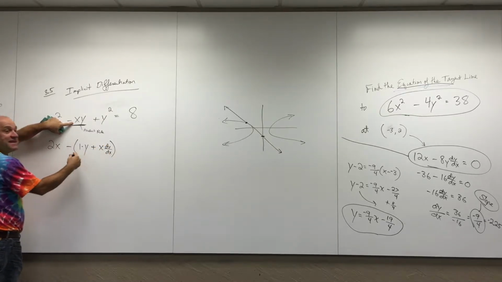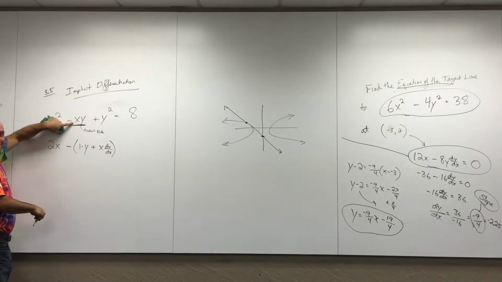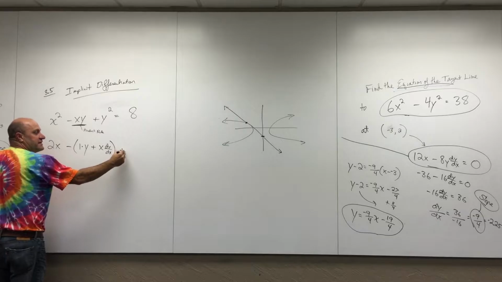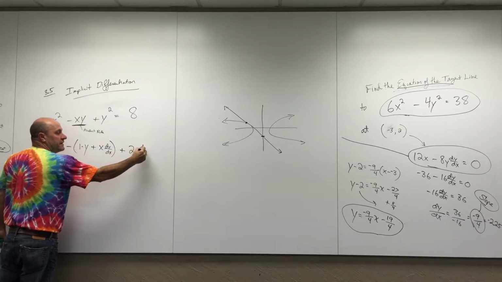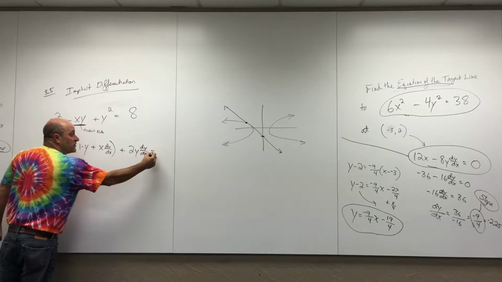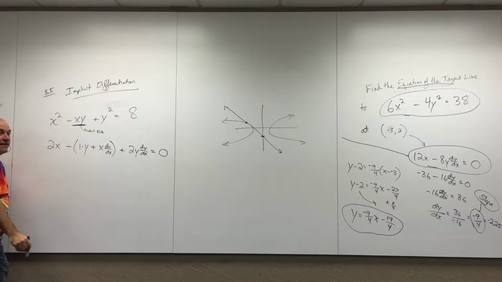Little baby mini product rule. Plus the derivative of the next term, please. Equals the derivative of the other side. That was a little product rule in there. Those things are product rules, x's times y's.